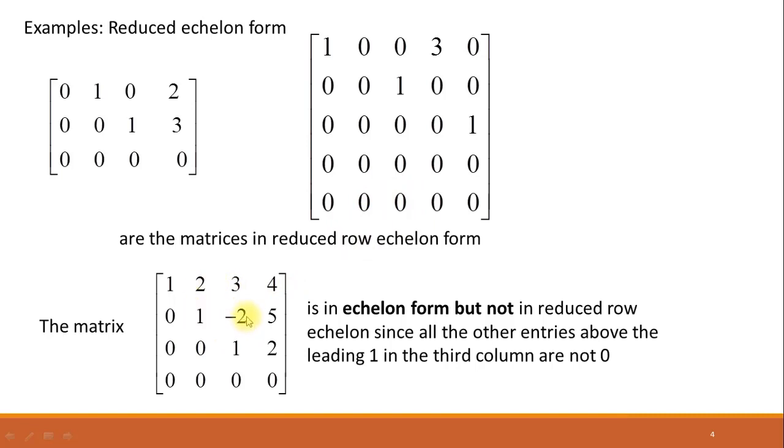But this matrix is in echelon form but not in reduced echelon form, since all other entries above the leading one in this third column are not 0.